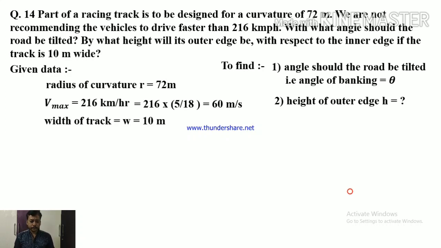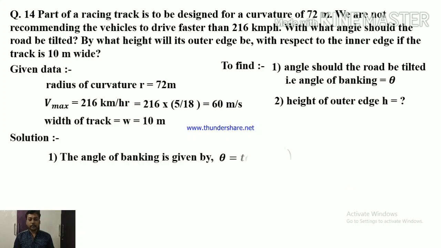Let's see the answer. First, for the angle of banking, theta is equal to tan inverse of v square upon rg. Here v is the maximum speed, r is the radius, and g is acceleration due to gravity. So put the value: tan inverse of 60 square upon 72 into 10.